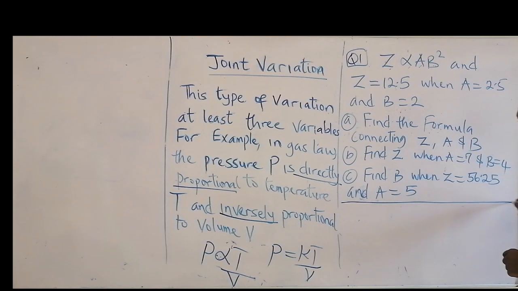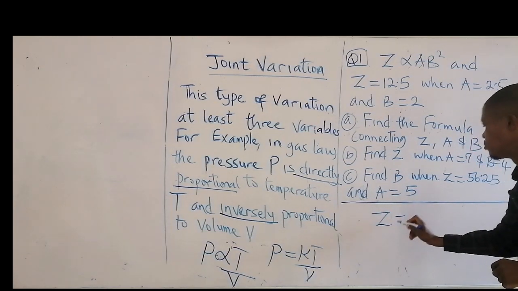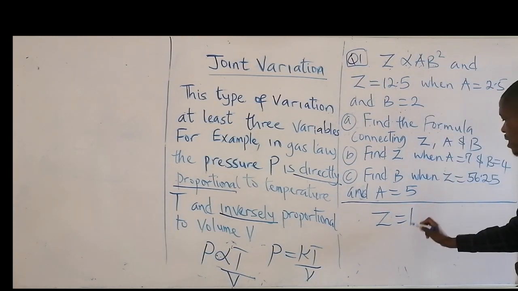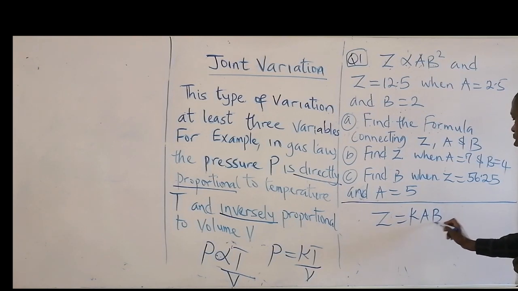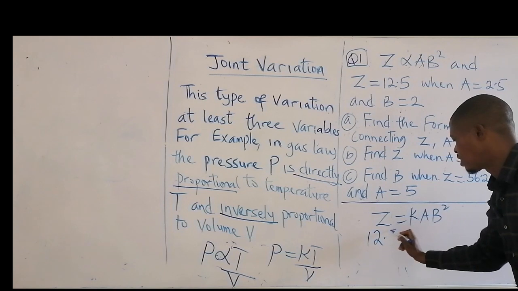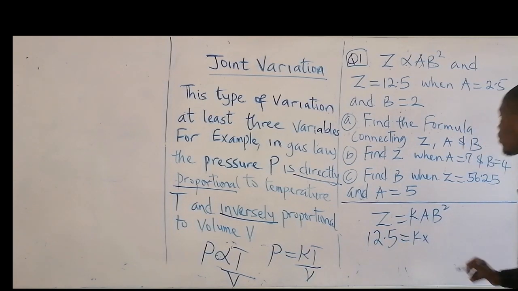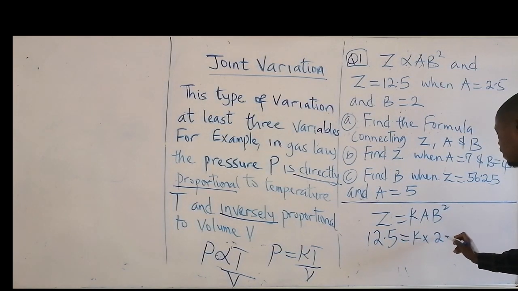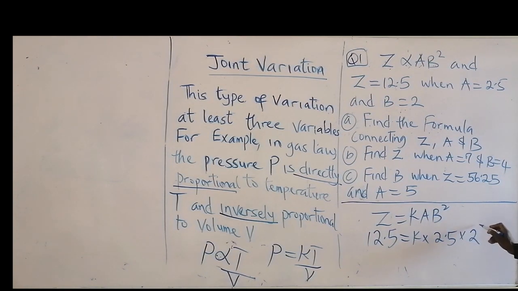The first thing we do is to remove the proportional sign, and that will be Z equal to K times A B squared. Then let's begin to substitute our parameters. Z is 2.5, K times, our A is 2.5, and B is 2, that's 2 squared. So 2 squared is 4, times 2.5, that's 10.